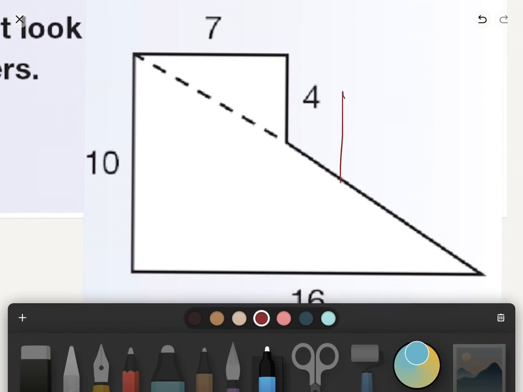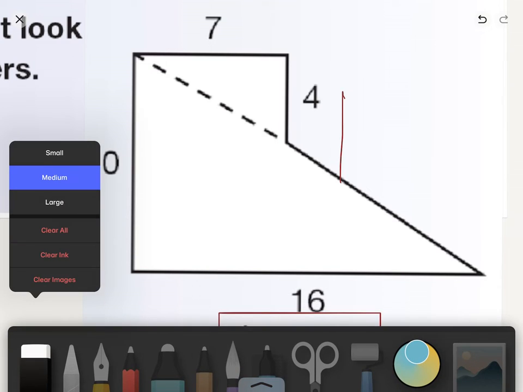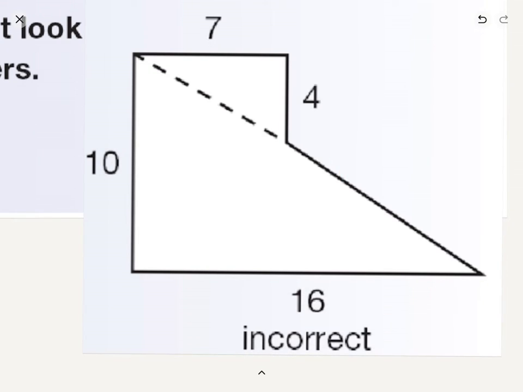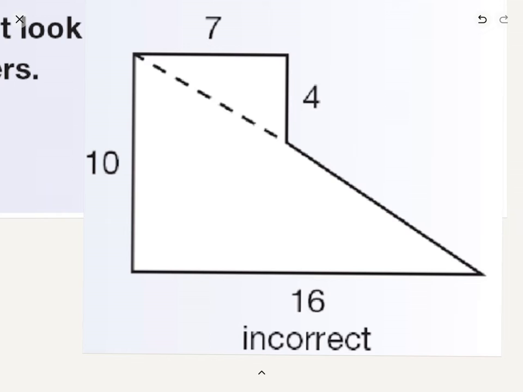As you can see, this has been marked incorrect, and this is why. It's really not obvious from looking at the diagram, but essentially this line curves a little bit.